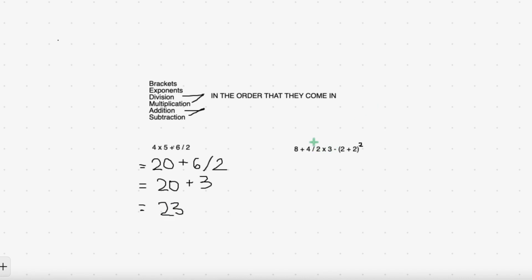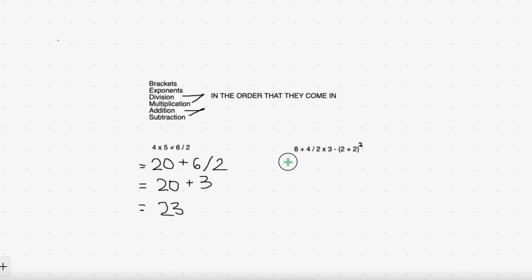Now here is our second example. This example includes all of the operations in BEDMAS, so we're going to go step by step. Let's look through BEDMAS and see what we have to do in our expression. Let's start with brackets. Are there any brackets in this expression? Well, right here we can see that there is.